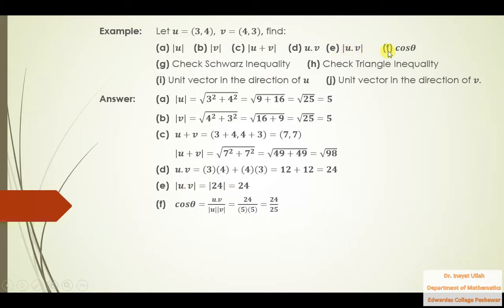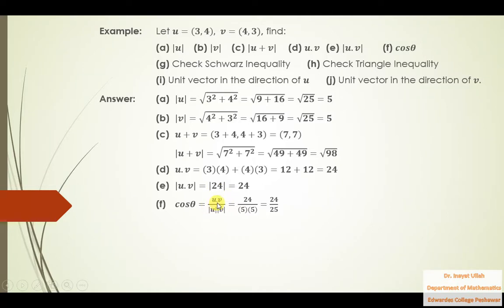And in part f, we need to calculate the cosine of the angle, cos theta, and we know that cos theta is equal to the dot product of the two given vectors divided by the product of the magnitudes of these two vectors. That is the formula for cos theta, which was studied in the previous slide in this lecture.